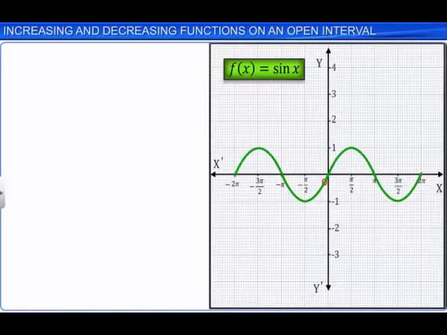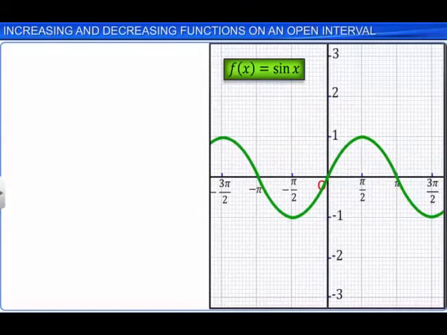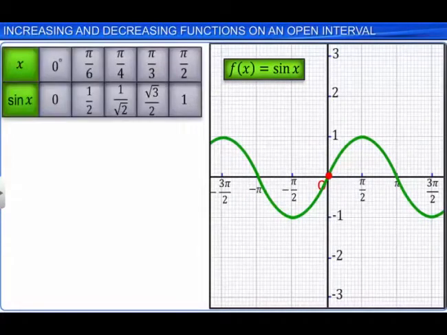Take a look at the graph of f(x) = sin x. If you observe the graph carefully between 0 and pi, you will see that as x increases from 0 to pi by 2, sin x increases from 0 to 1. That is, the height of the graph increases as we move from 0 to pi by 2 on the x-axis.